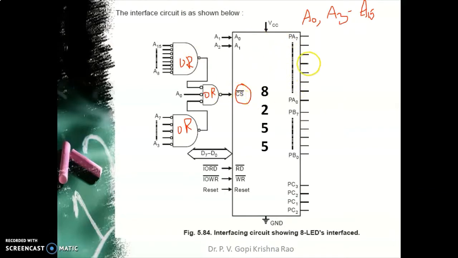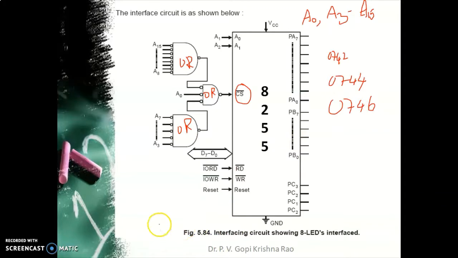If you send an address of 0742, the chip is enabled and port B is selected. If you send 0744, the chip is enabled and port C is selected. And if you send 0746, the chip is enabled and the control word register is selected.